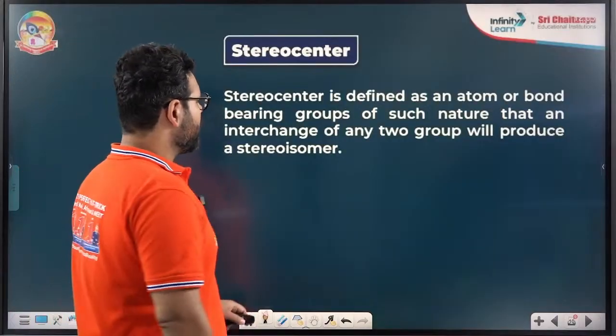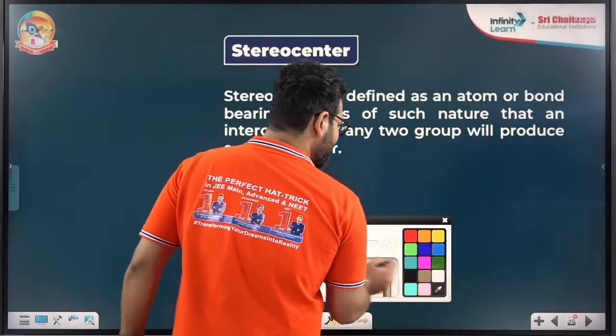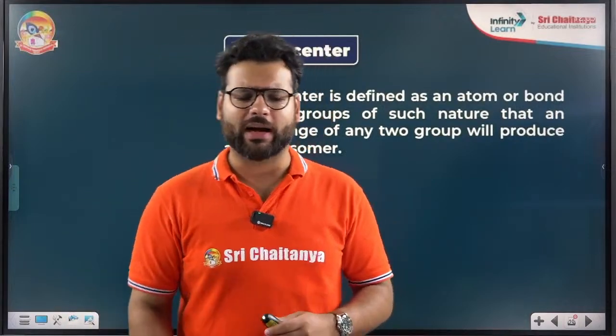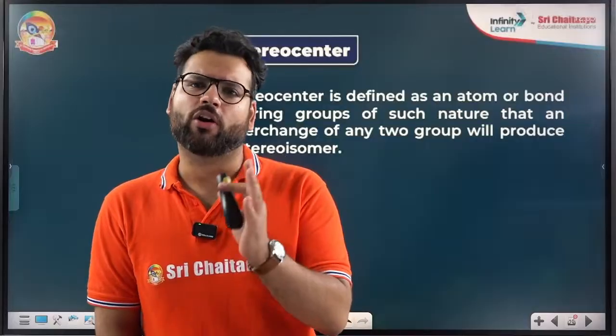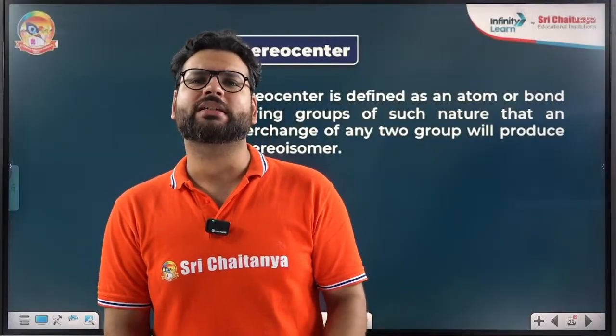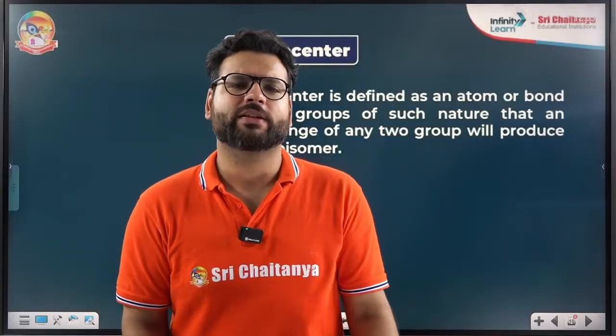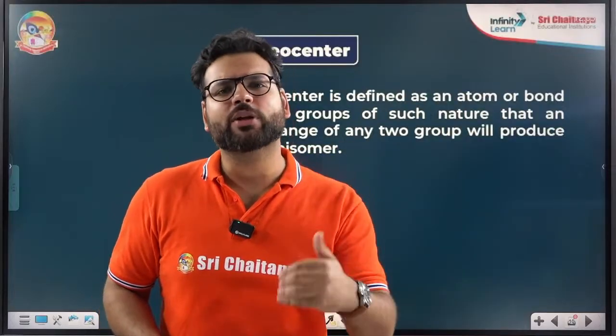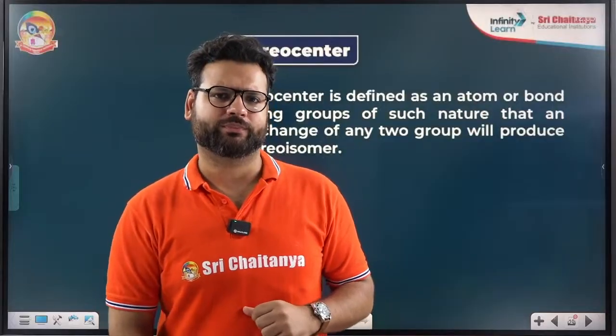So what is a stereocenter? Whenever you need stereoisomerism, either you need GI or you need optical, you need something called a stereocenter. The name itself tells you: a center responsible for stereoisomerism.